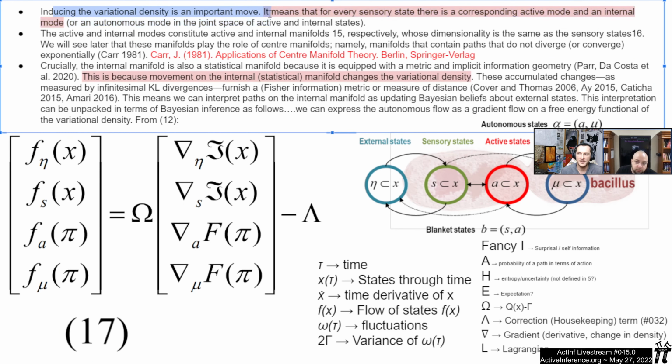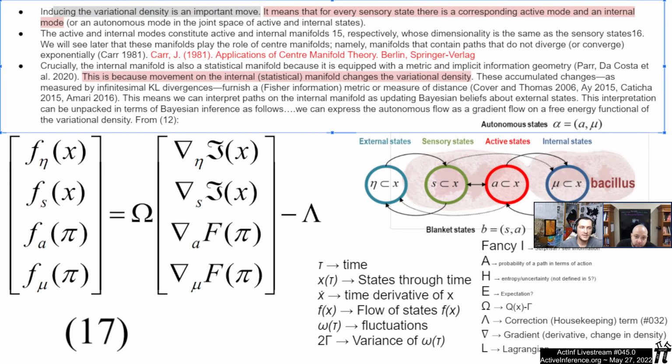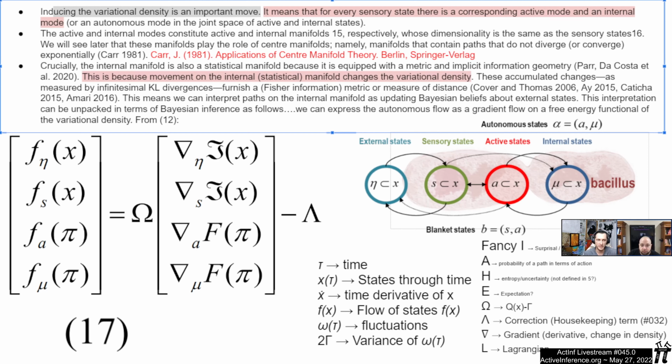Inducing the variational density is an important move. It means that for every sensory state, there is a corresponding active mode and an internal mode. This mode does not mean style here. Mode means like the most common value in a statistical distribution.